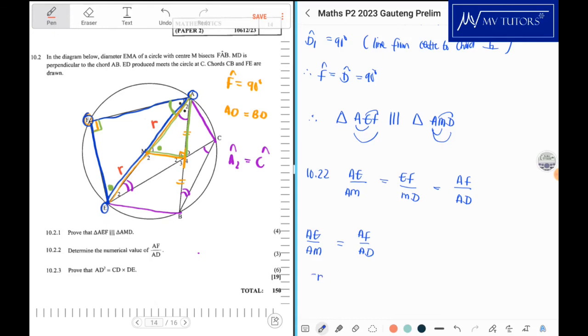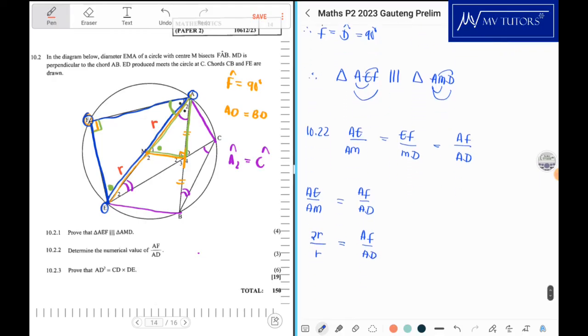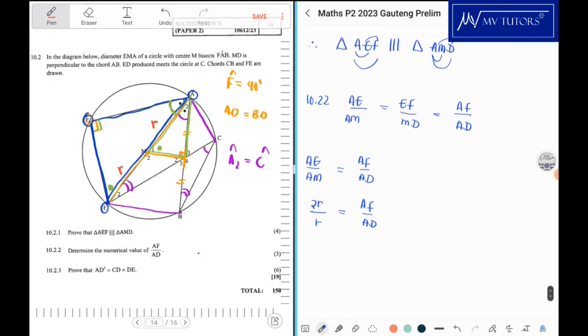So 2R. And AM is just R. Okay? And then we have AF over AD. So now we can show that AF over AD is actually equal to 2. And that is the numerical value. All right. So yeah, that is basically that.